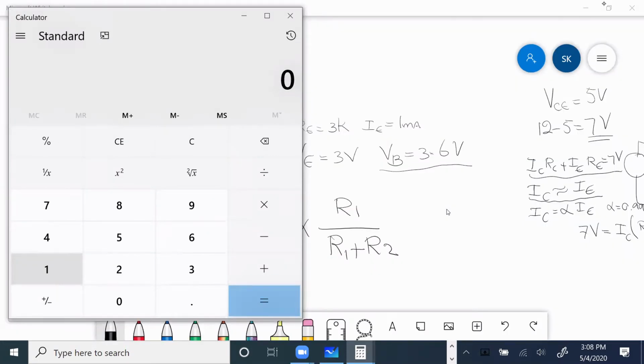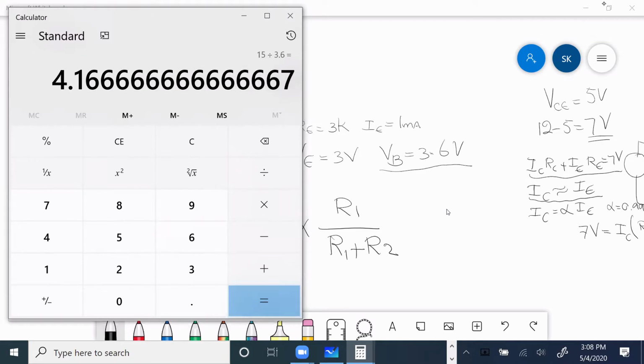Professor, I got a quick question too. Under the data sheet, that would be VBE sat, right? The saturated. No, I don't know if the datasheet will give you that, to be honest, because the VBE is very conveniently 0.6.